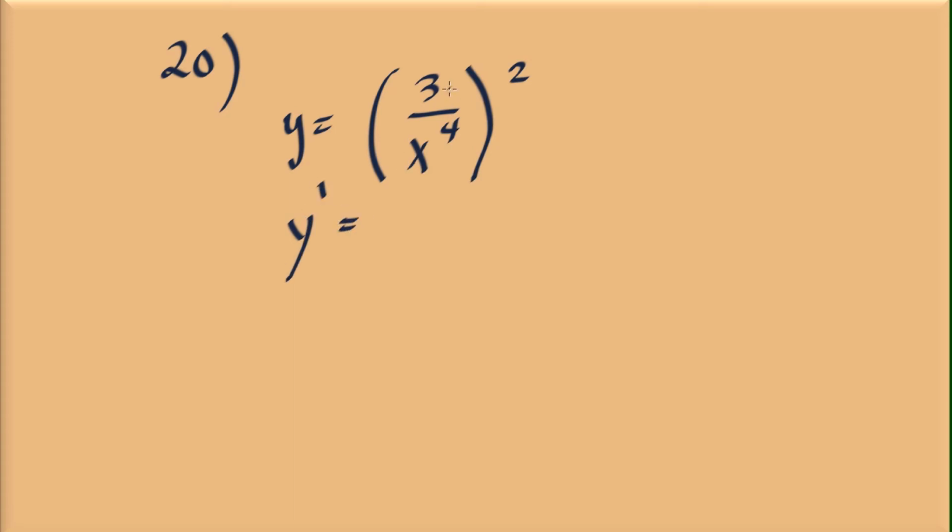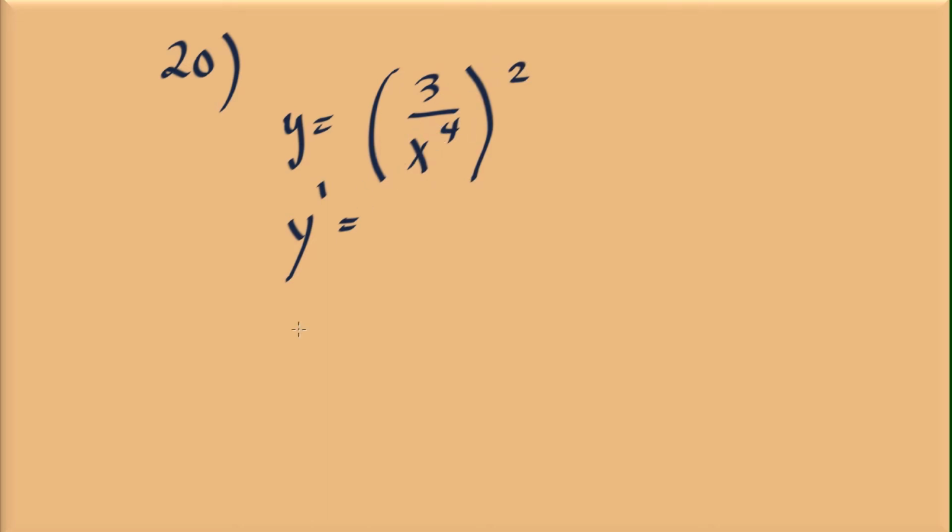Let's say another reciprocal example, 3 over x to the fourth, but raised to the second power. So what is y prime? Now the base here, which is 3 over x to the fourth, is a reciprocal, and that is raised to the second power.